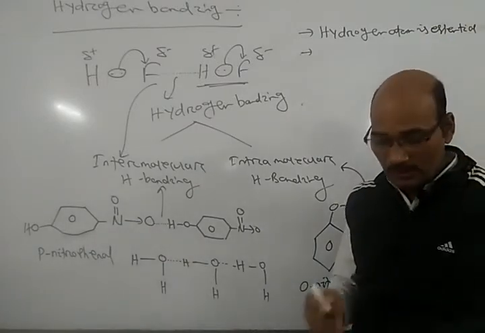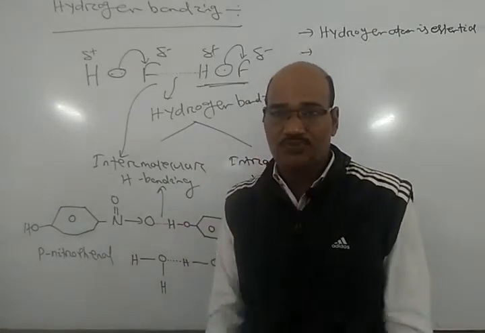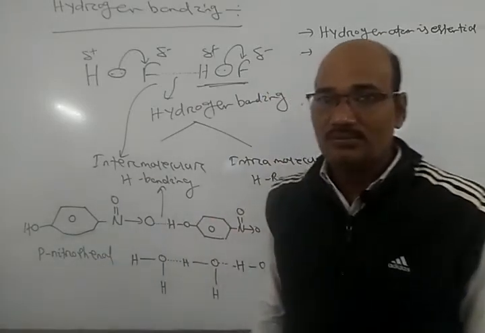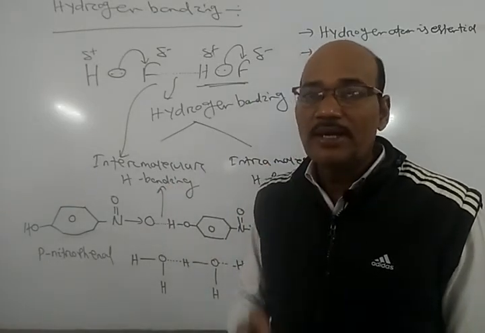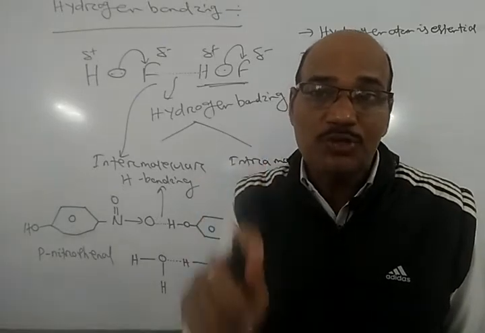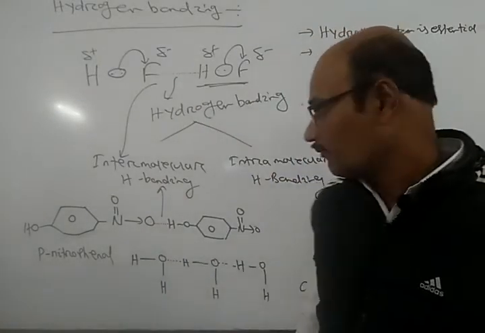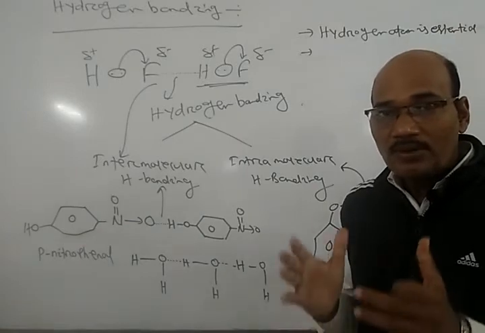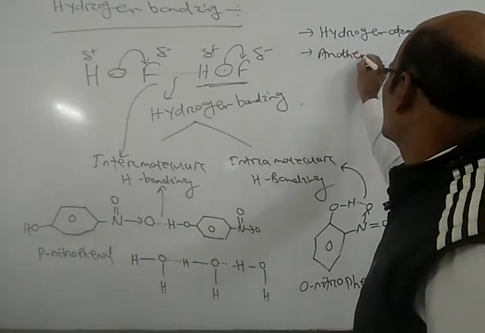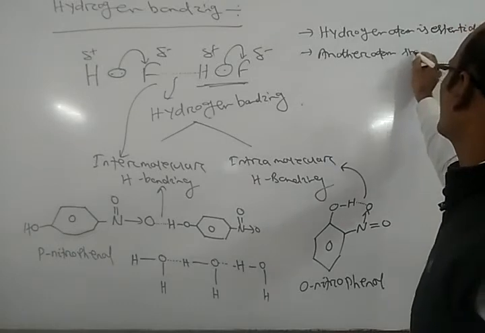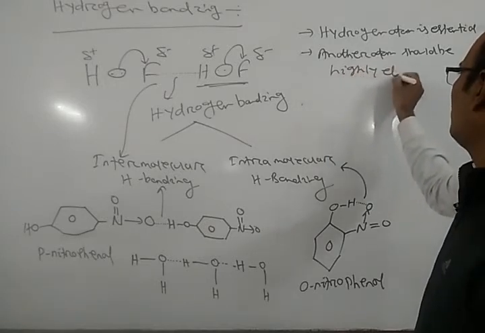Number 2, hydrogen has low electronegativity, so hydrogen bonding will be possible between the hydrogen atom and another atom of high electronegativity, here F, here O. That means the other atom should be highly electronegative.